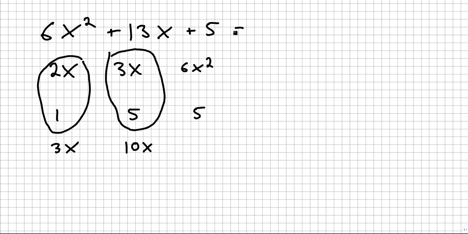This is the same as 2x plus 1 and then 3x plus 5. We can always check that we got it right by expanding the brackets and simplifying, and see if we can come back to the original expression.